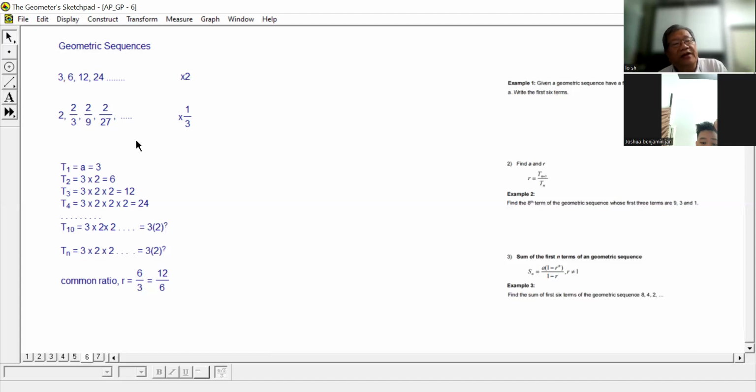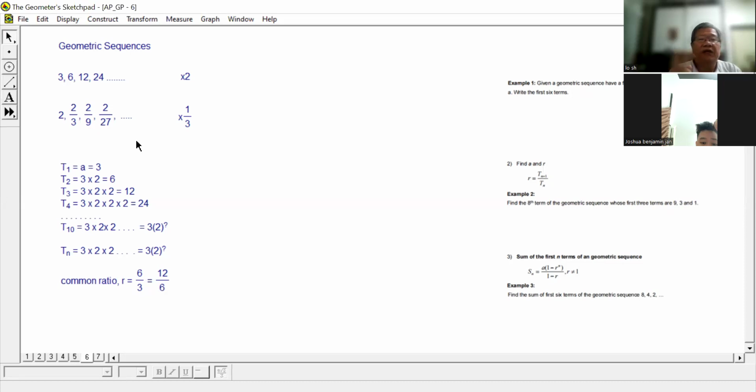So in this geometric sequence, to move from one number to another, you multiply with a number. Instead of a whole number, you are actually multiplying with a fraction, which is smaller than 1. Fraction also can be bigger than 1, but that number is smaller than 1. So as a result, the terms become smaller and smaller, right?